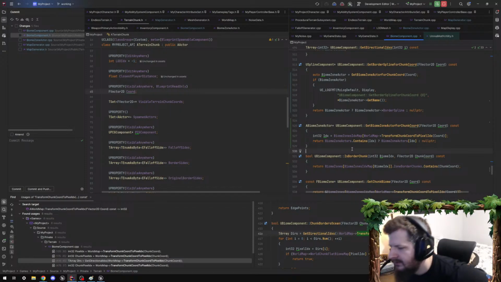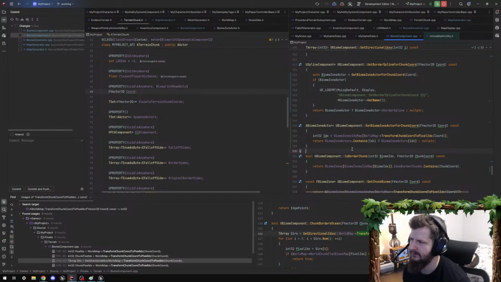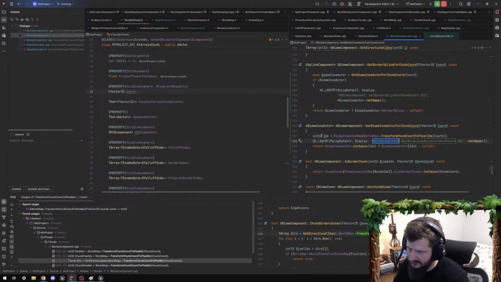So we were getting the wrong biome zone actor. I want to also log this index. This is a pixel index. Is that going to make a difference?